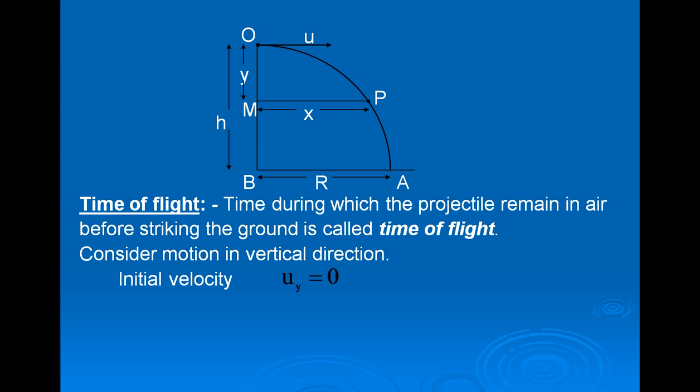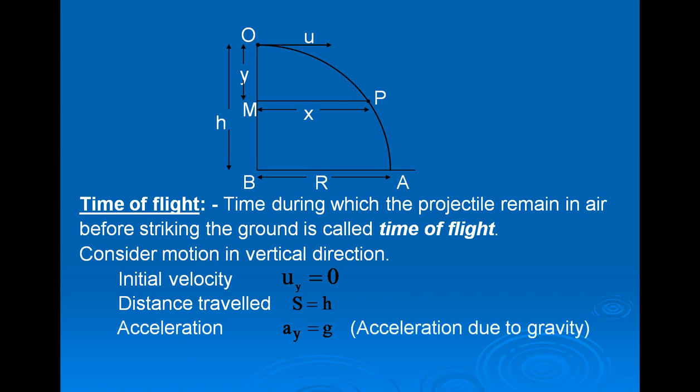Initial velocity uy is equal to 0. Distance traveled is s is equal to h. Acceleration ay is equal to g. Time taken is equal to capital T, the time of flight.